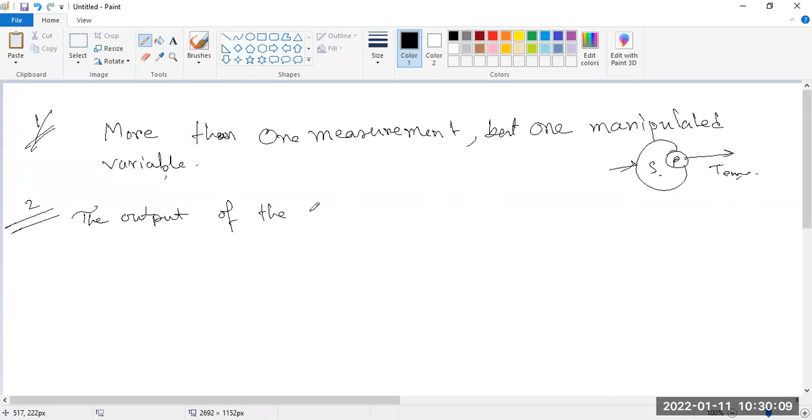The output of the master controller serves as the set point for the slave controller.